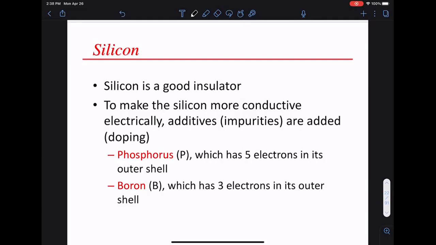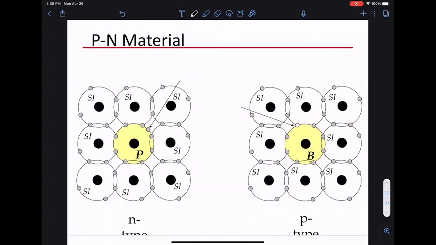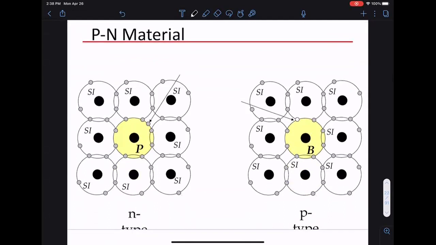The way you make the solar panel at a very basic level is similar to how you make a diode. You dope silicon and you put two of these materials, a p-type and an n-type, together, like this. The n-type has an extra electron, and the p-type is missing an electron.